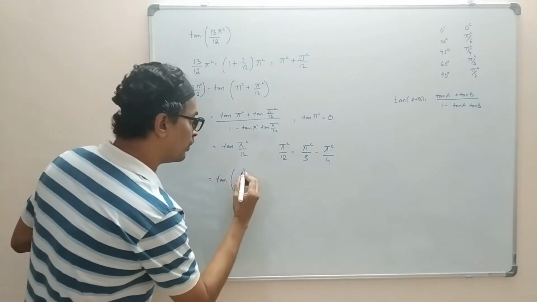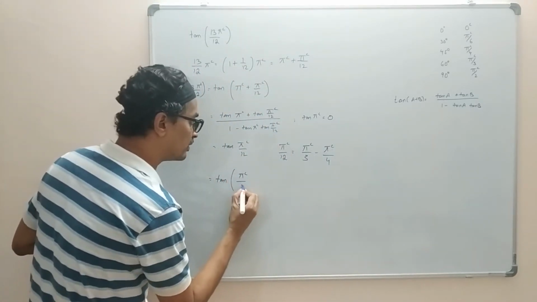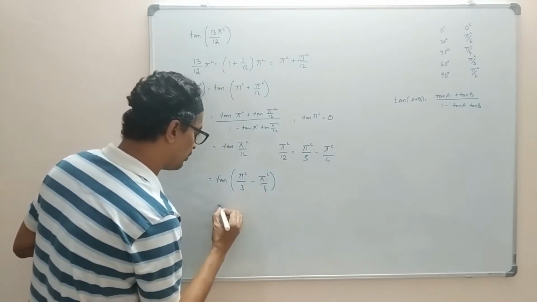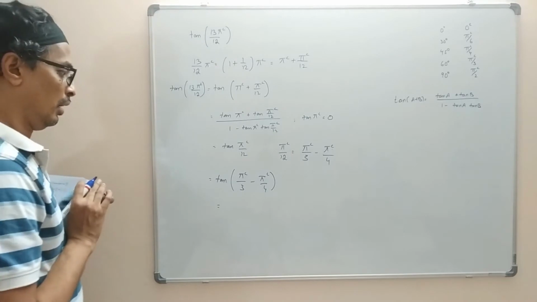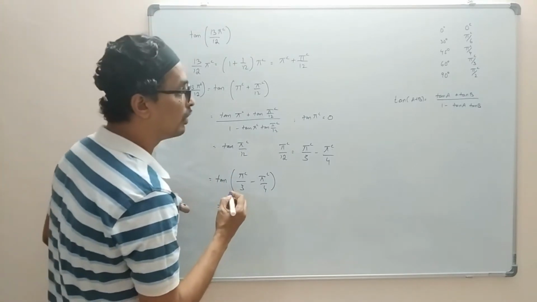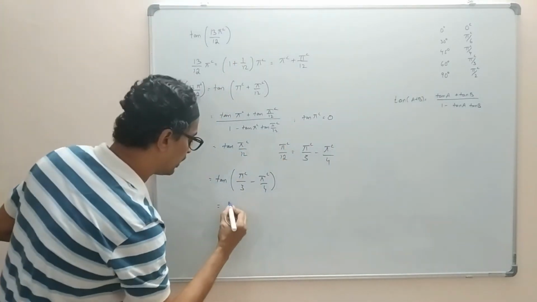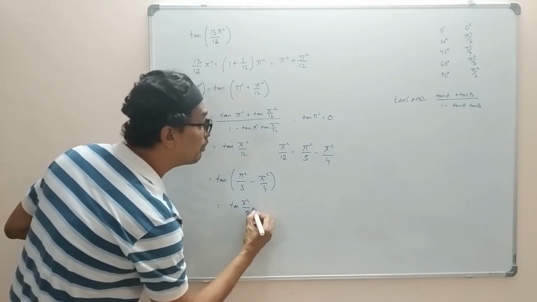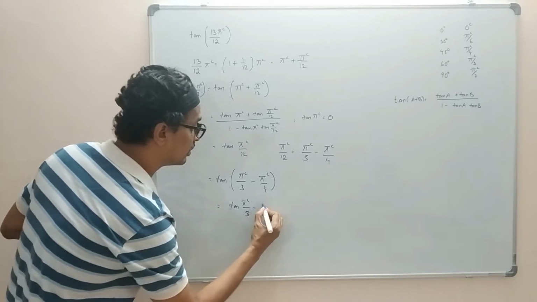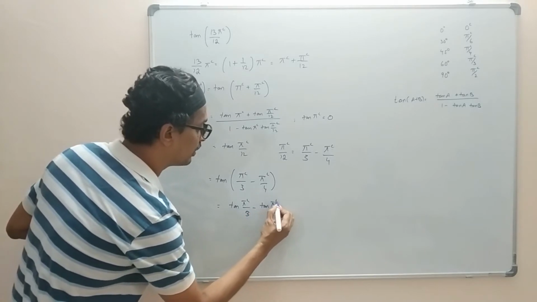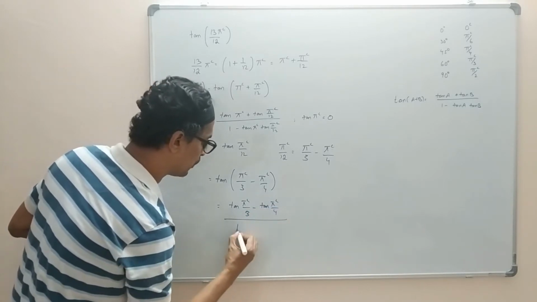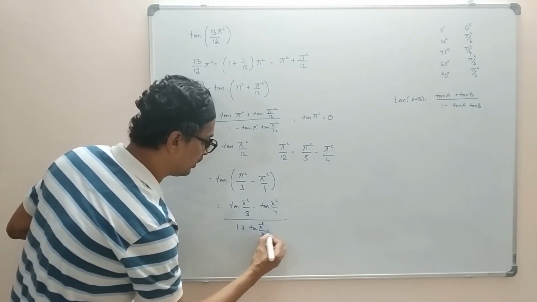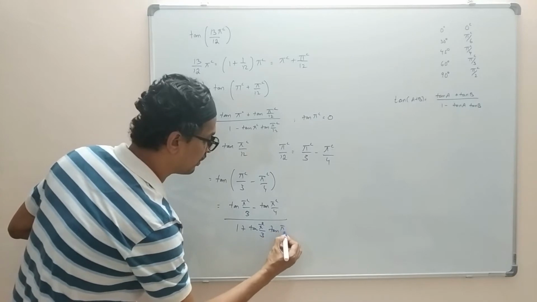So this will be tan of pi by 3 minus pi by 4. Tell me, what will this be? Tan A minus B is tan pi by 3 minus tan pi by 4, divided by 1 plus tan pi by 3 into tan pi by 4.